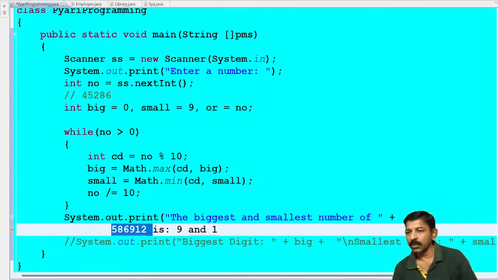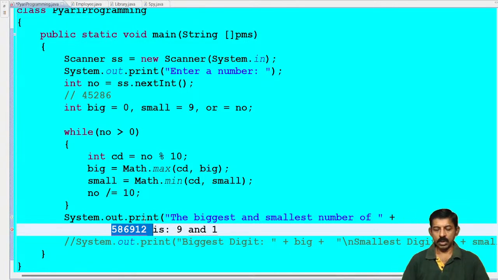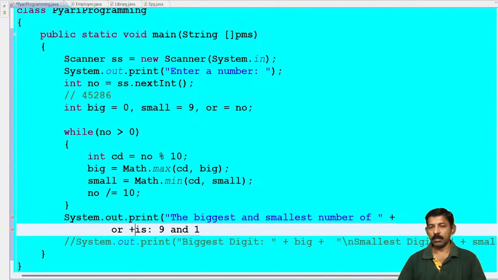Good. Tanisha also gave the answer. So here I will use OR plus, again this message in quotes, close, then again plus, this is my big, again plus, again quotes begin, again quotes close, plus this is your small. Now let's run this.